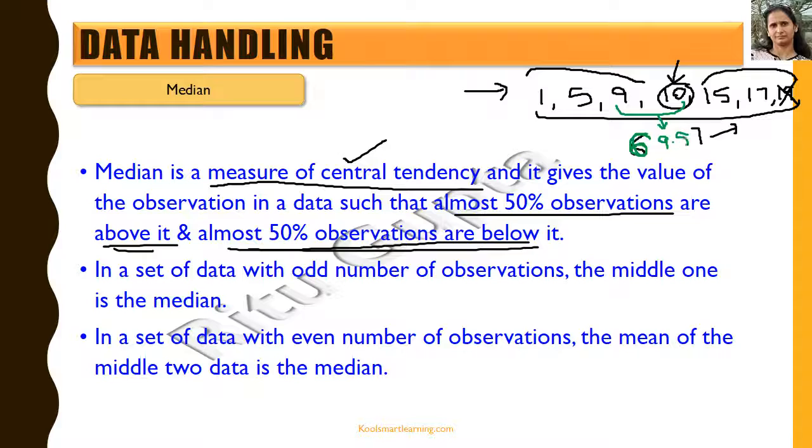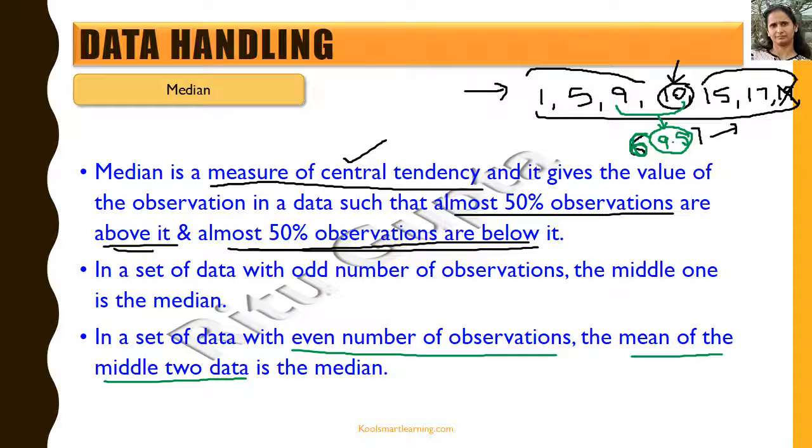This becomes the median of the data which has 1, 5, 9, 10, 15 and 17 as the observations. So we have 6, an even number of observations, then we take the mean of the middle two data, and that is what gives the median to us.